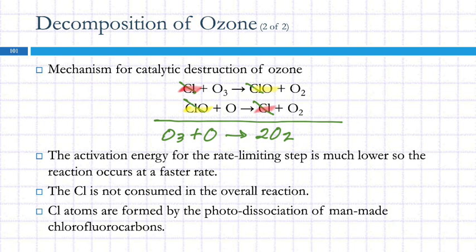And so you get chlorine atoms. Chlorine is naturally a diatomic molecule, and so chlorine atoms are reactive, right? They're not going to just be happy. They're going to look for somebody to react with. And so they're hanging around, and one chlorine atom can catalyze lots and lots and lots of ozone destruction.